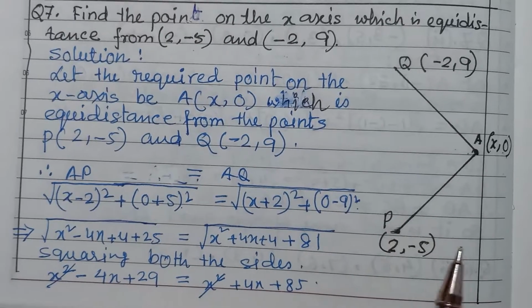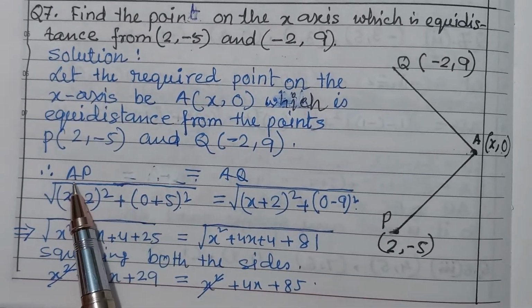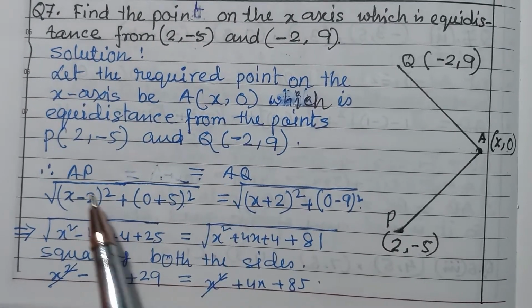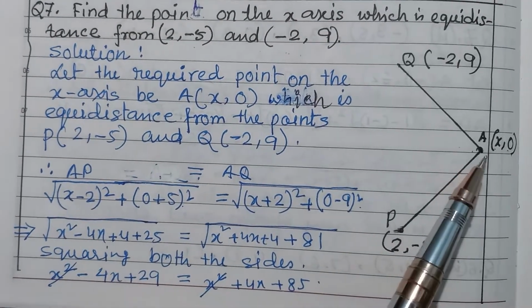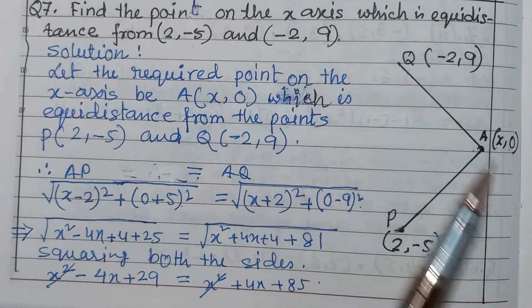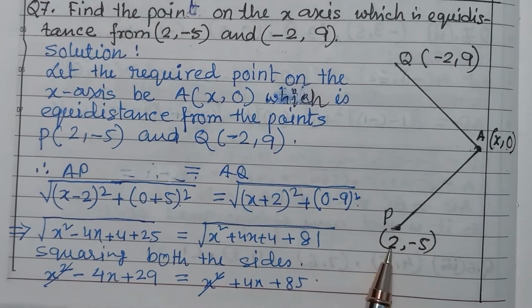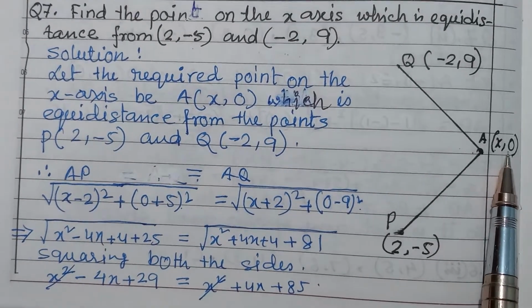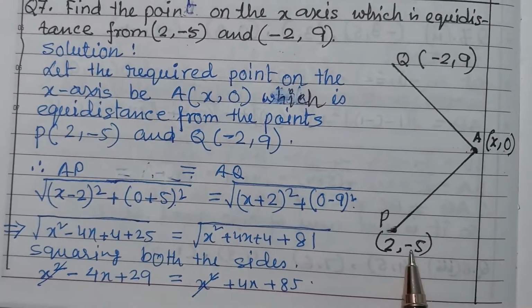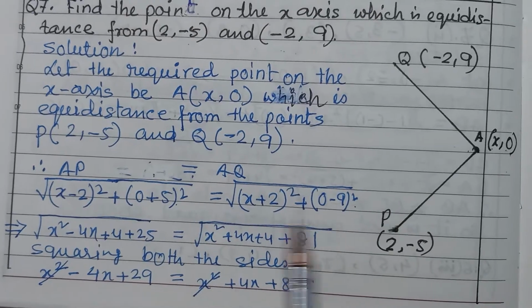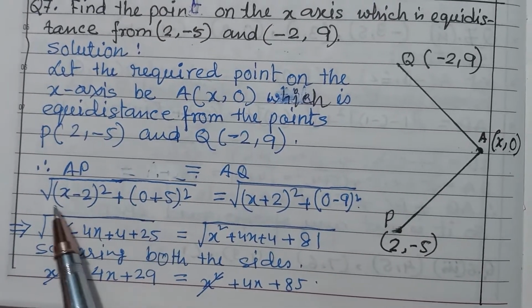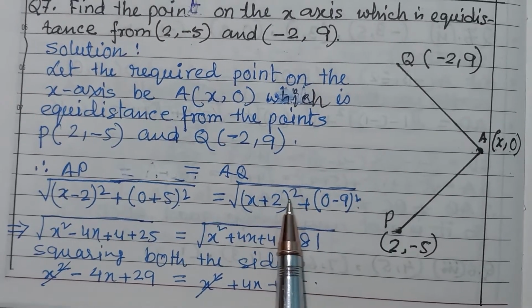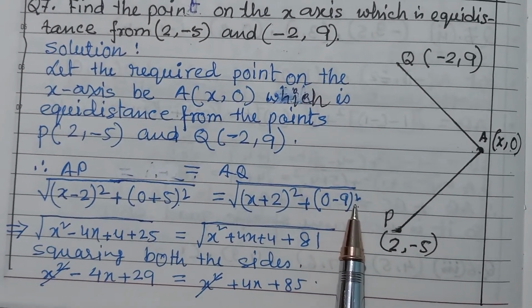So AP is equal to AQ. AP is the square root of (x minus 2) whole square plus (y2 minus y1) whole square, and similarly AQ is equal to the square root of (x plus 2) whole square plus (0 minus 9) whole square.